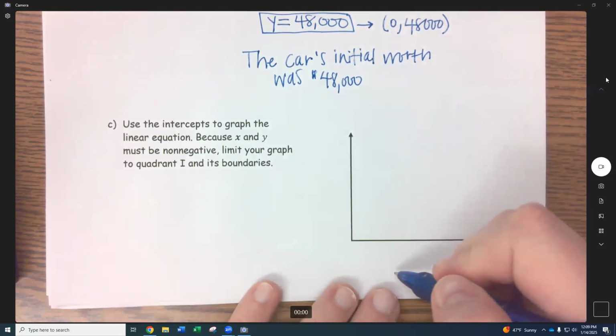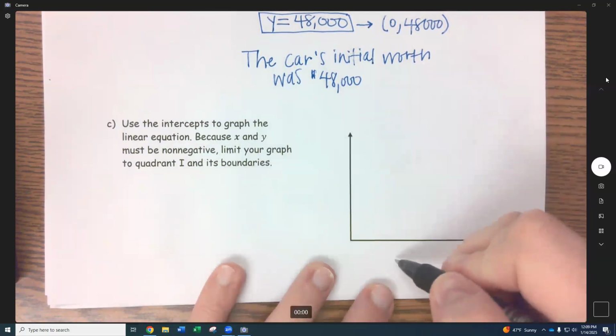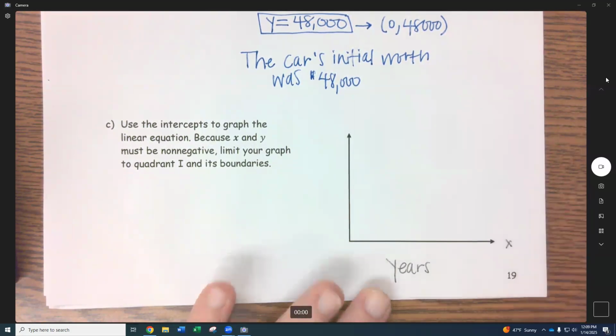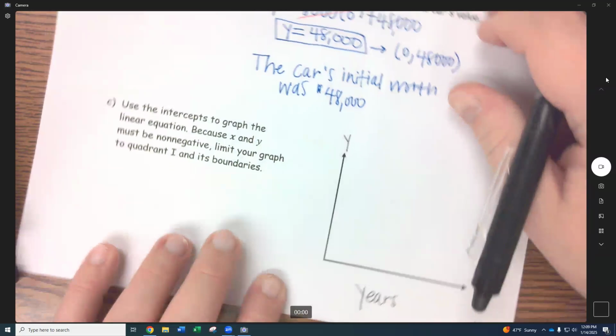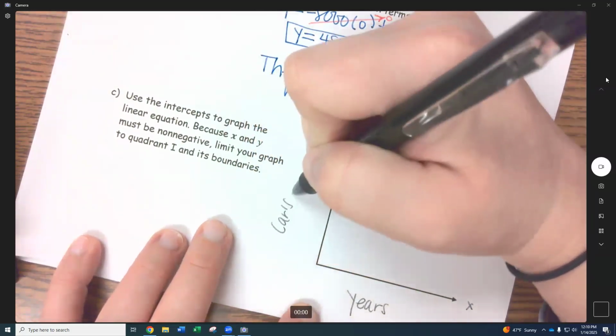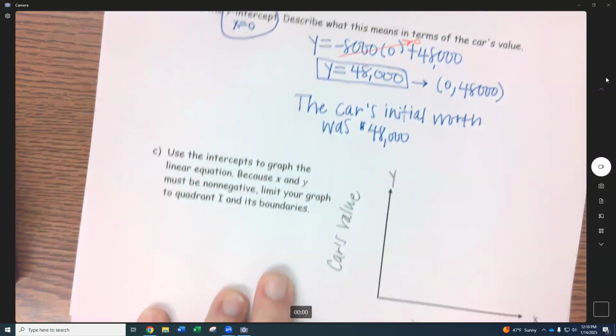So here's where we are. And this axis here, let me get a black pen, is representing my years. That's my x-axis. And then my y-axis is representing my car's value.